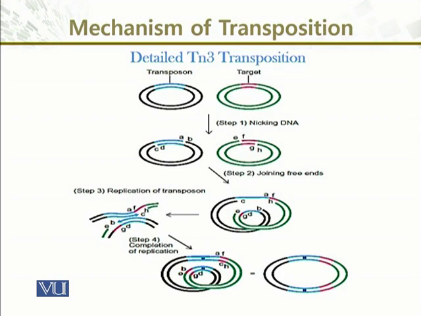Then step 2 is joining the loose ends, step 3 is the replication of the transposon, and step 4 is the completion of the replication, where the duplication is completed.